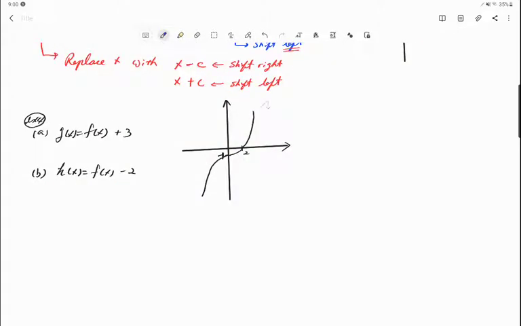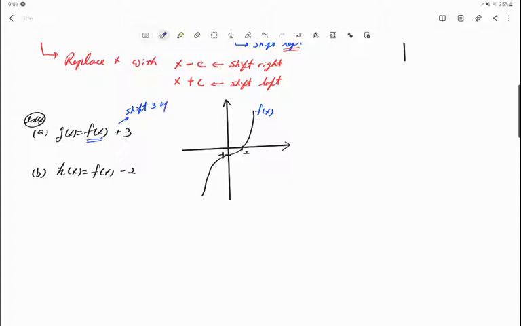Okay, let's say this is the function f of x, the graph of f of x. Then we can get g of x. The function g of x is f of x plus 3. That means you are adding 3 to the y value, right? So this means shift up. Vertical translation, 3 units up.